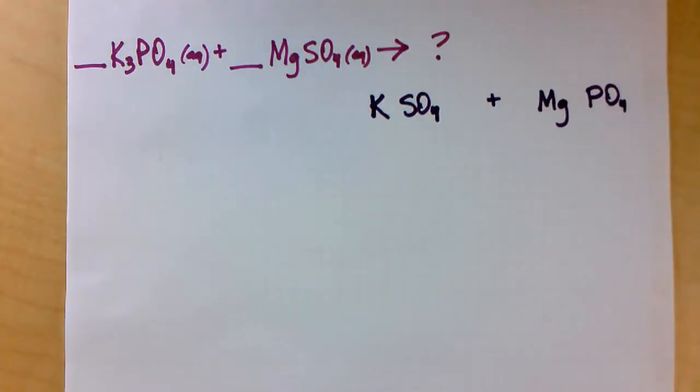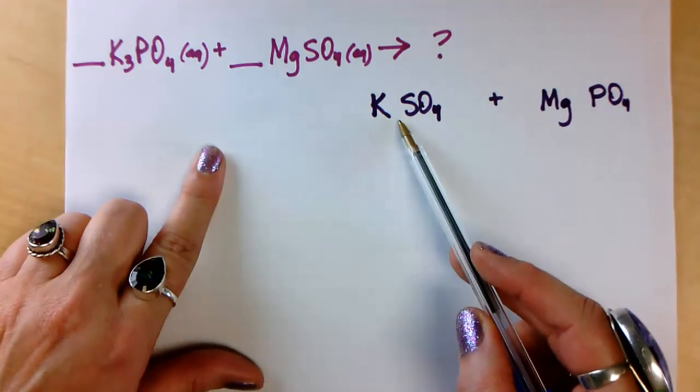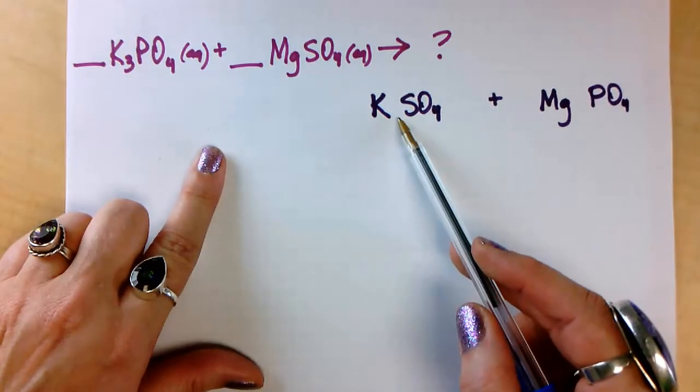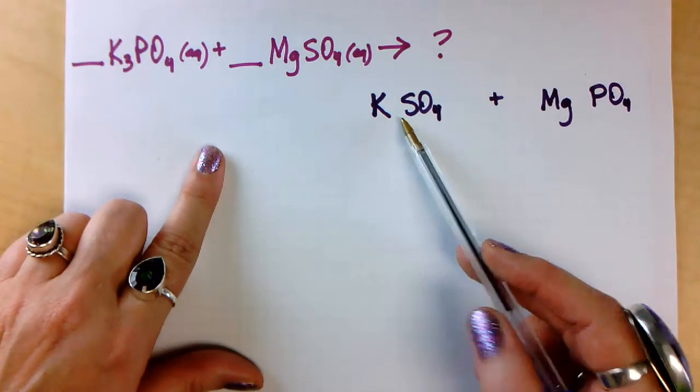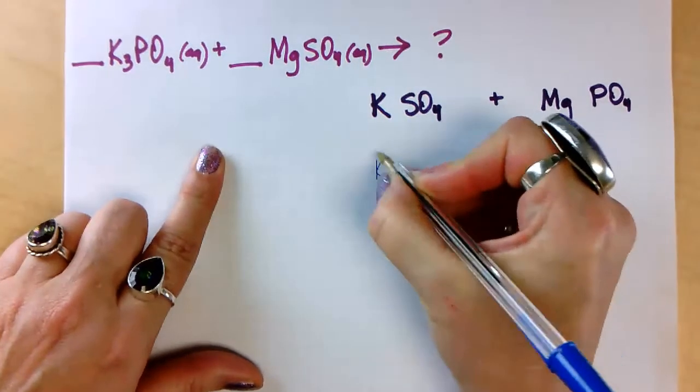Now, whenever we put a metal and a non-metal together, we have to check the charges. One thing we don't do is bring this 3 over. Do not copycat. K3PO4, we do not bring the 3 over to K3SO4. That is wrong. We have to check our charges. What's the charge on potassium?